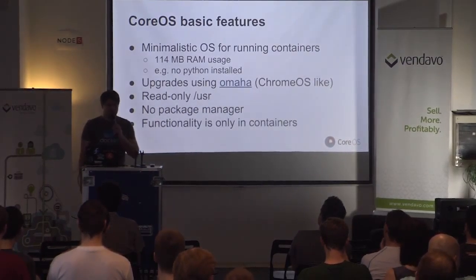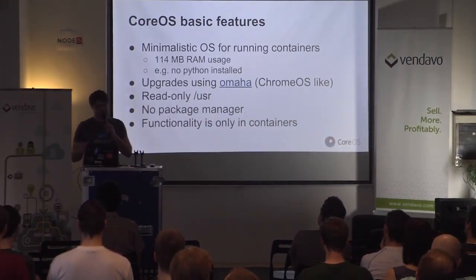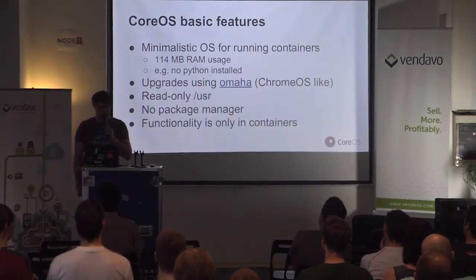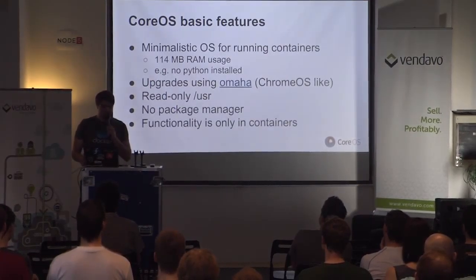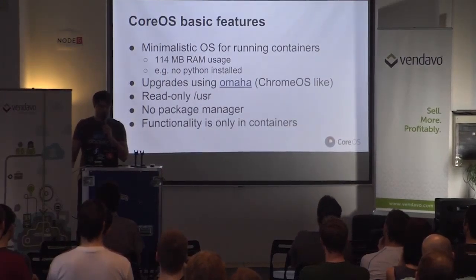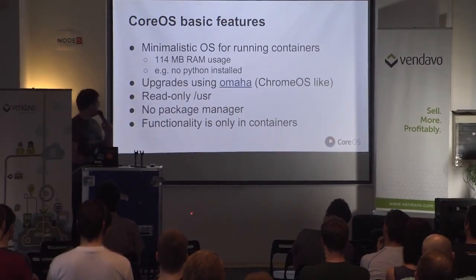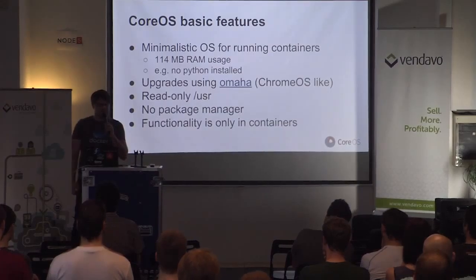So the basic thing, what I said, is that it's really minimal. If you run the pure CoreOS, it requires just, last time I checked, 114 megabytes of RAM, and it doesn't have things like Python or anything installed, and you cannot install it. Well, you can in your home or whatever, but /usr is really locked, so it's loaded as read-only.